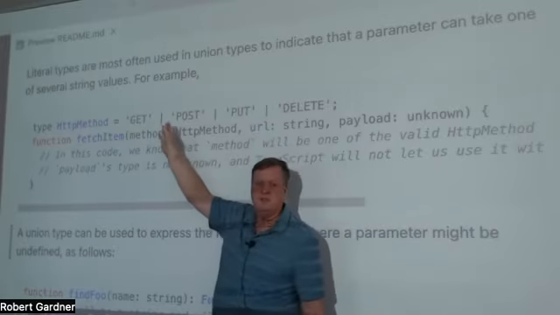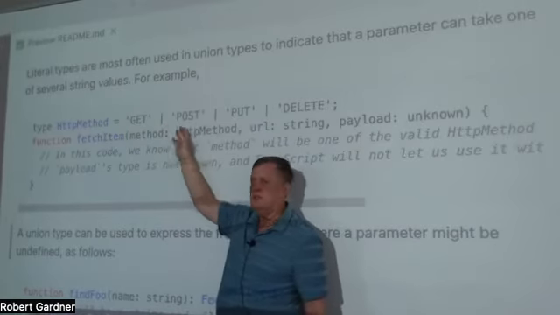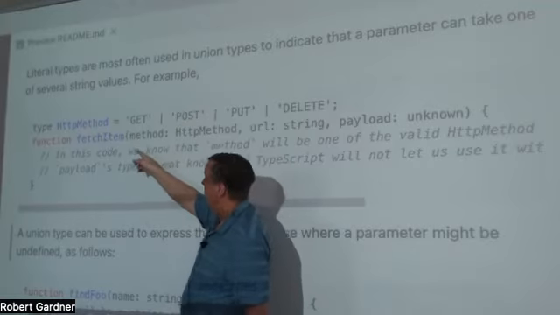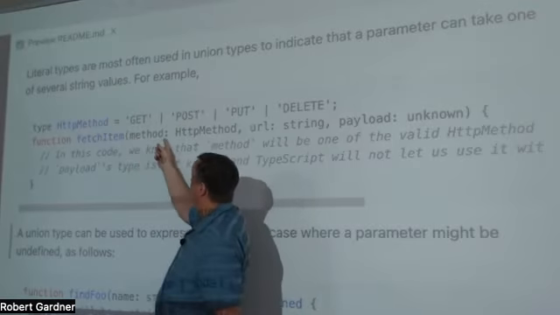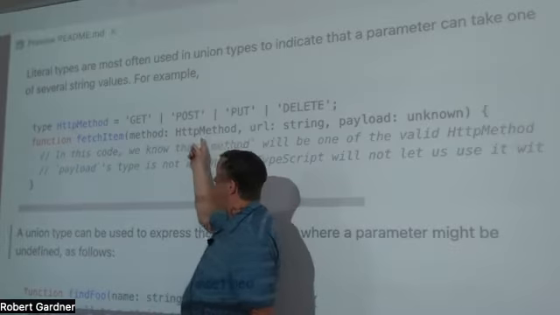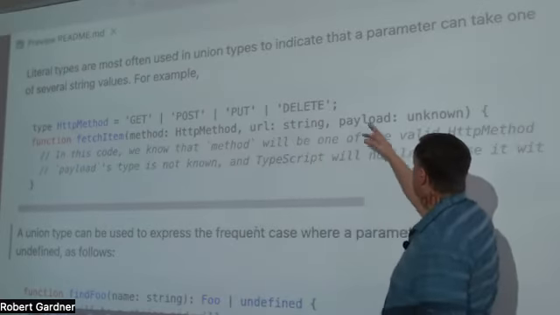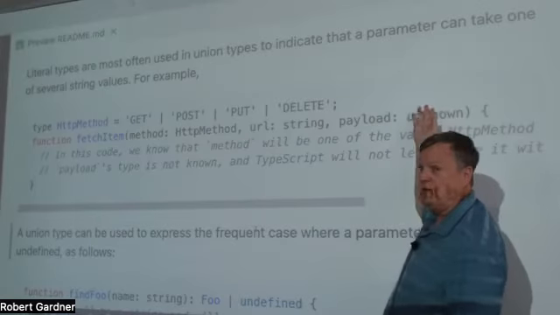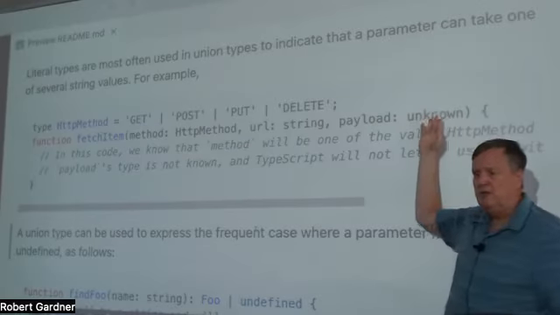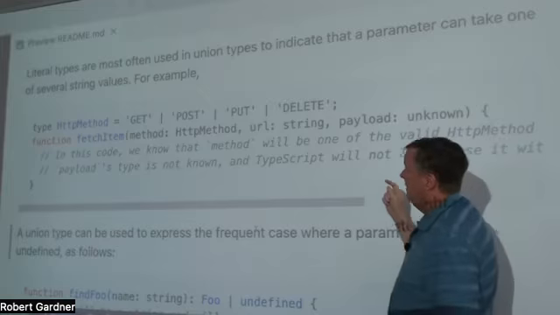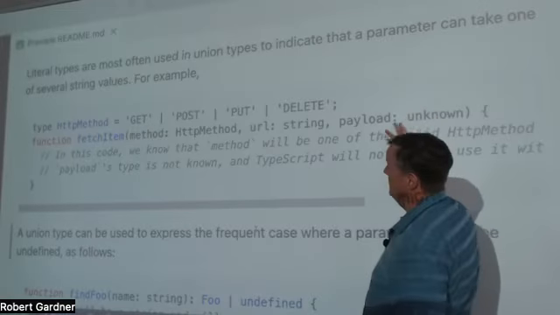If it's anything else, it fails. It doesn't match. And then I can write my fetch call. I can declare it as taking a method, which must be of type HTTP method, and then my URL, which can be any string, and a payload. And we use this special type unknown, which means I don't know what type it is and I don't care. TypeScript will make sure you don't use it improperly.